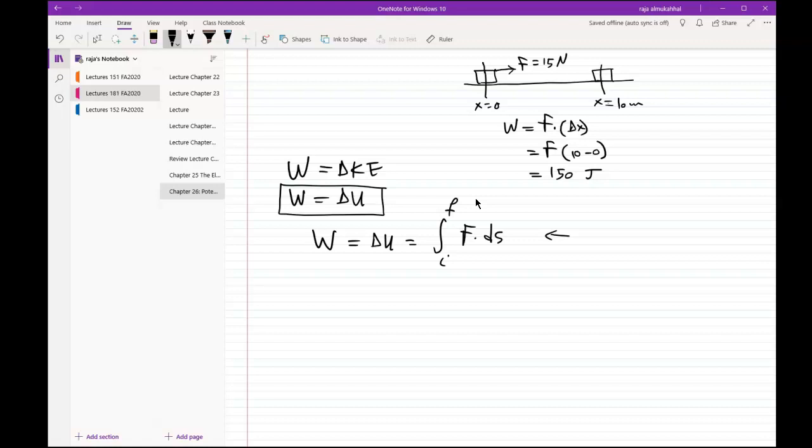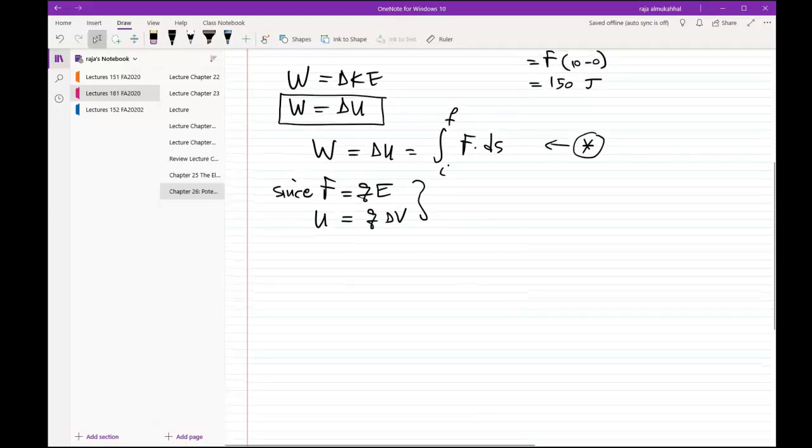Now, going back to electrostatics, we know that the force is a Coulombic force, and it's equal to QE, and we know that the potential energy change, we studied that in chapter 25, is equal to Q delta V. I can take those two relationships and plug them into this equation here, okay? So what do I get?